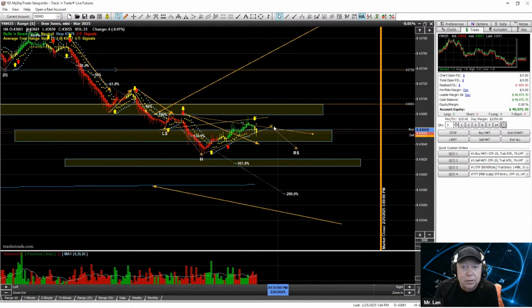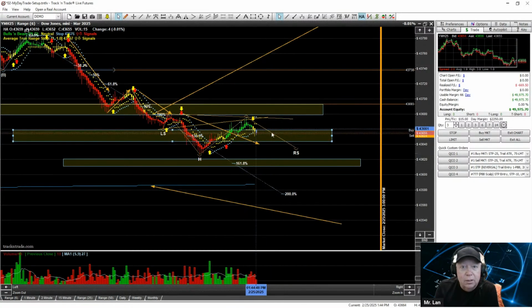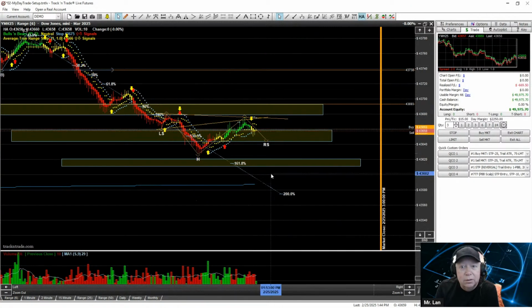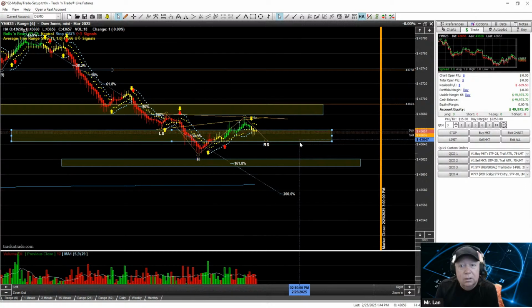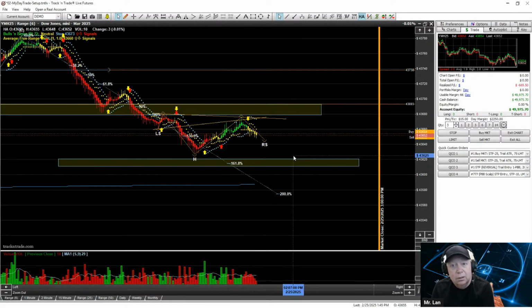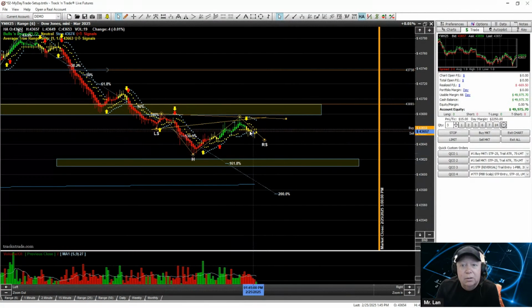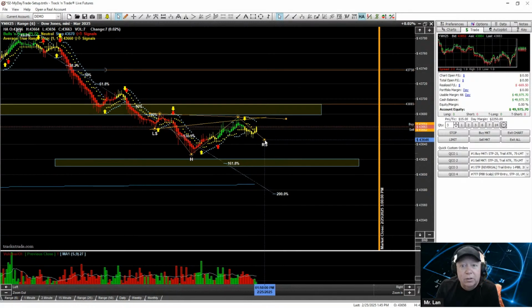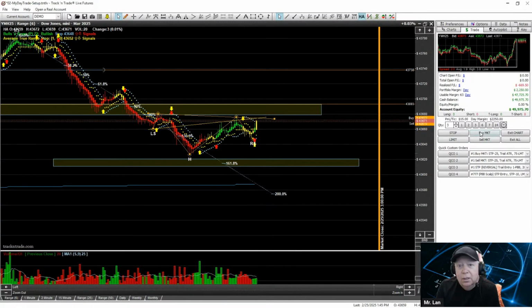Well, it is what it is. There is the little right shoulder it's trying to put in right there. Let's get rid of all these arrows. Get rid of this. Come on, Mr. Dow. Now it's going to try and break off that right shoulder. Is that the right shoulder? There it is. And Lan slow to the market once again. Doggone it.